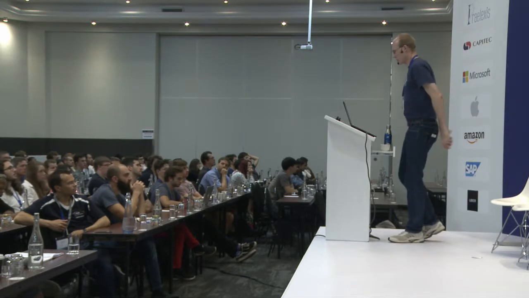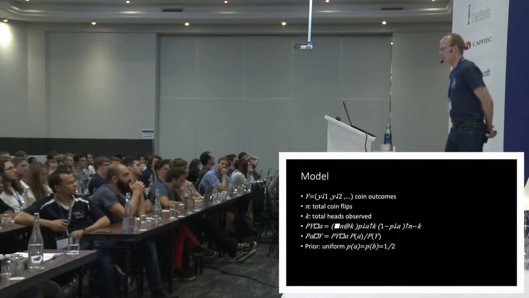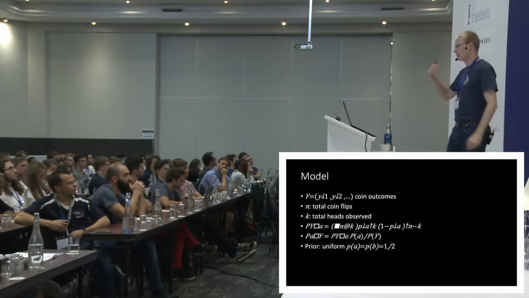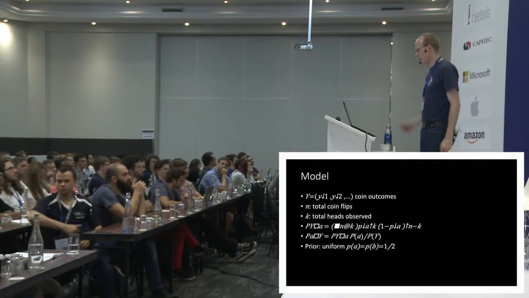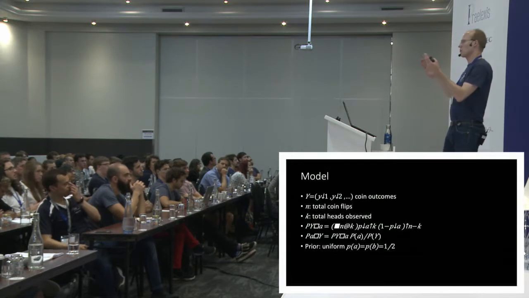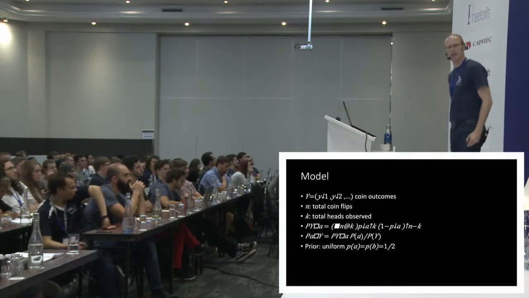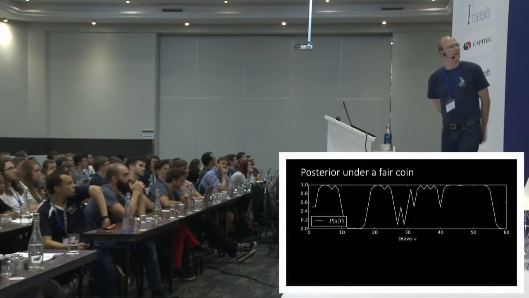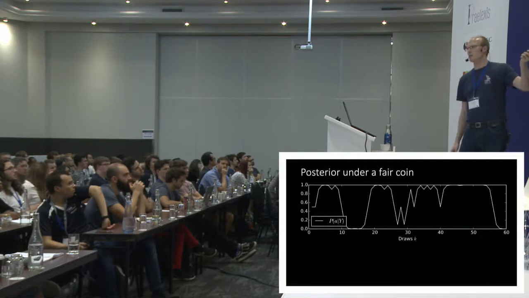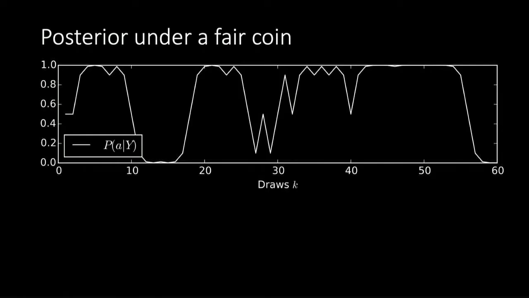So let's look at the posterior probability of it being outcome A, so biased for tails, as you draw more and more coins. I show you one realization here. This is the probability of it being A given a set of k draws, in this case 60 draws.